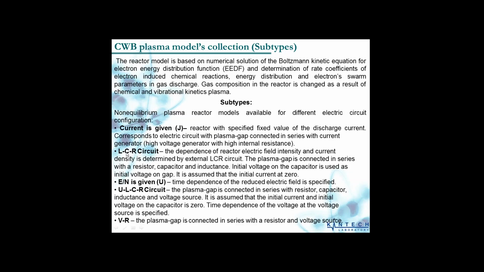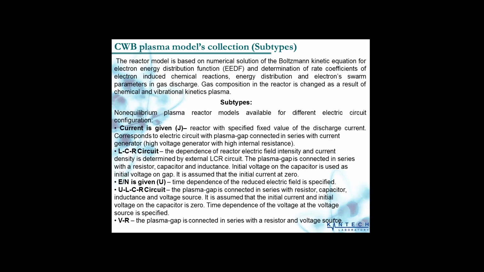Well, one more model is LCR, when we have connected in the network inductance, capacitance, and resistance, and the plasma gap. So in the beginning, at time equal 0, it is supposed that we have a charge inside of the capacitor, and there is some voltage.